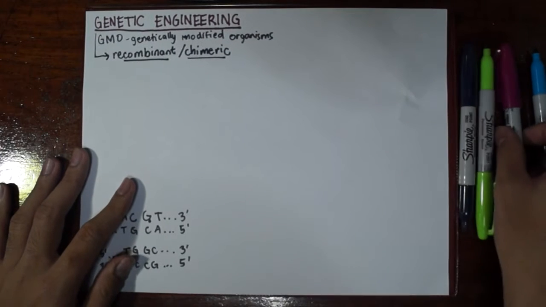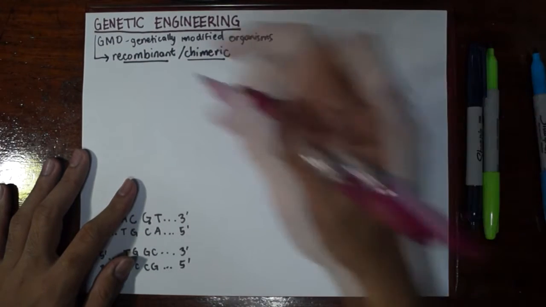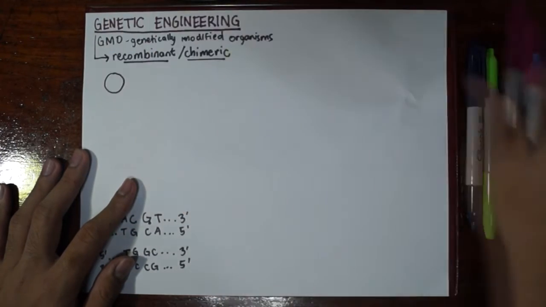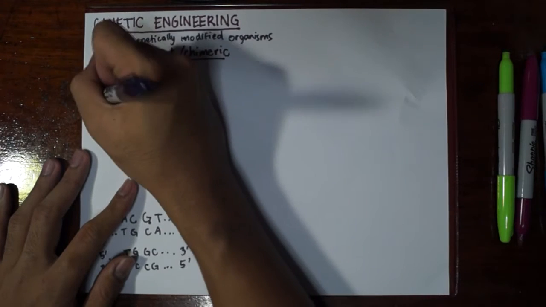Here we focus on the bacterial DNA, a small bacterial DNA, which I hope you guys know now already. The name is known as a plasmid.